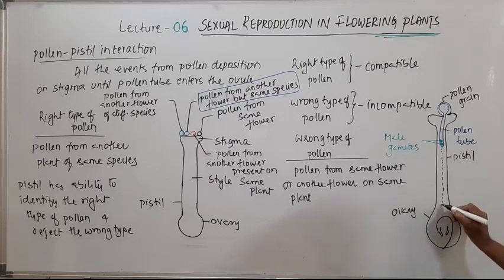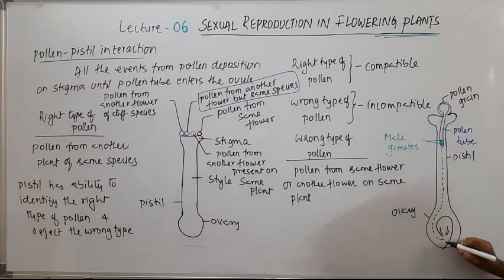So this grows, and then finally through the micropylar end, the pollen tube will enter into the ovule. We know that inside the ovary is the presence of one or more ovules. In this case, for easy understanding, I have taken only one ovule.